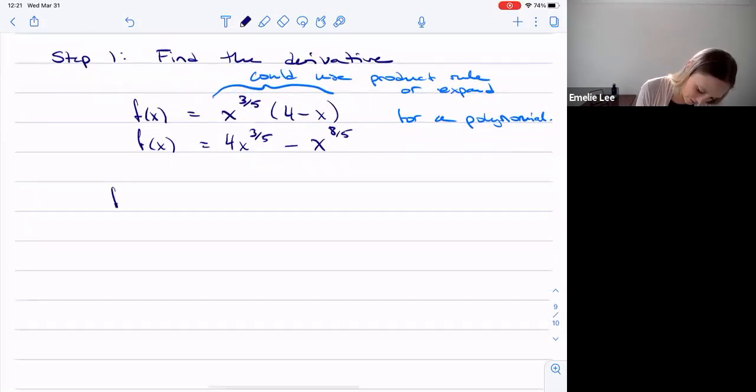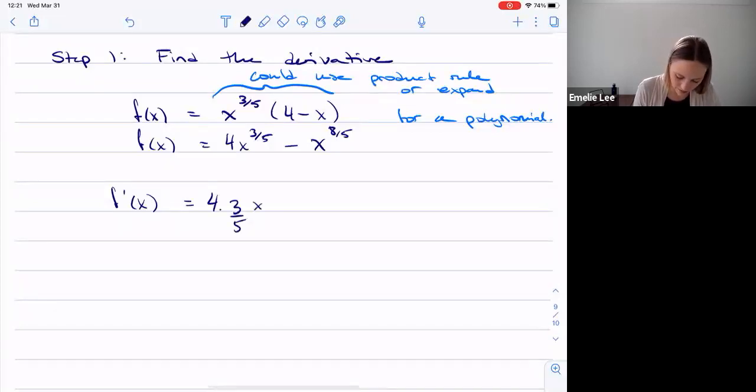So now we can find the derivative. The derivative of this is going to be 4 times 3 over 5 times x to the 3 over 5 minus 1. Instead of doing minus 1, I'm going to do minus 5 over 5 just to cut down on a step, but that is minus 1. Then minus 8 over 5 x to the 8 over 5 minus 5 over 5.